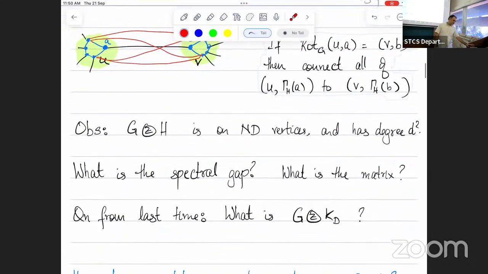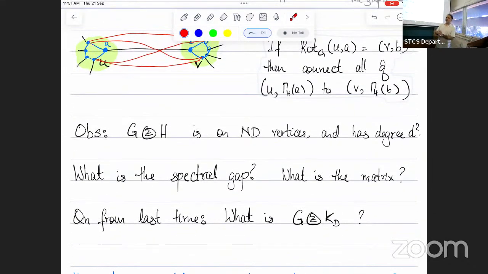Okay, so something that we spoke about, I said that this is something you should think of as what happens in this very, very special case. Because it's going to be convenient to have this intuition, let's just assume, to get some sense of what is going on, that the inner graph H is actually the complete graph on capital D vertices.